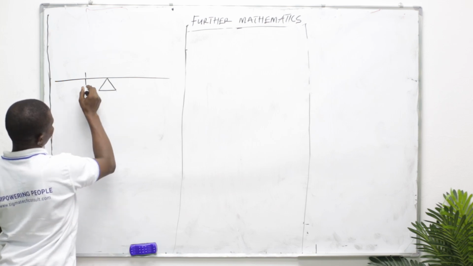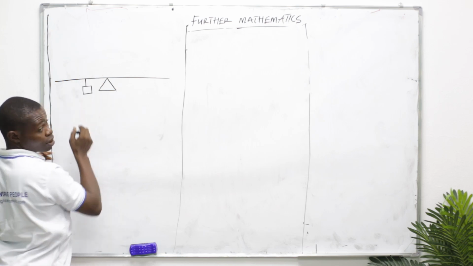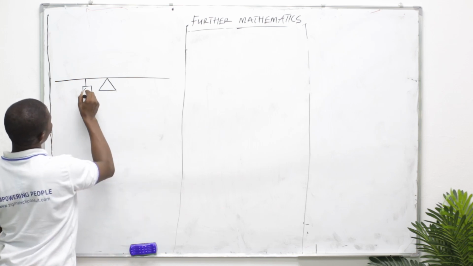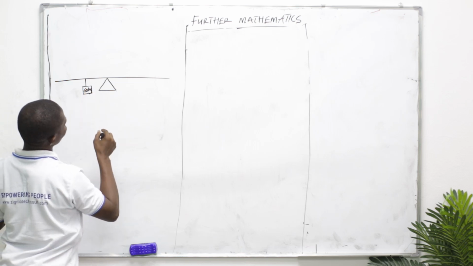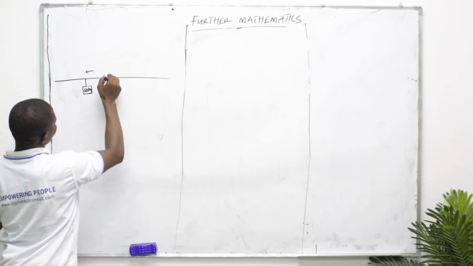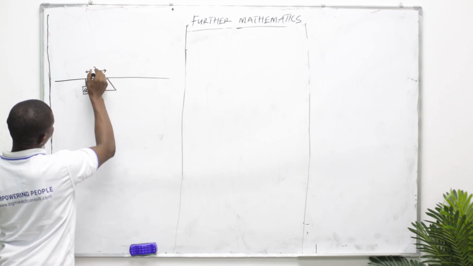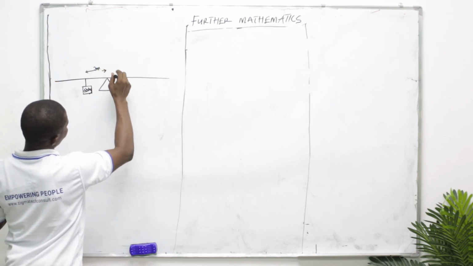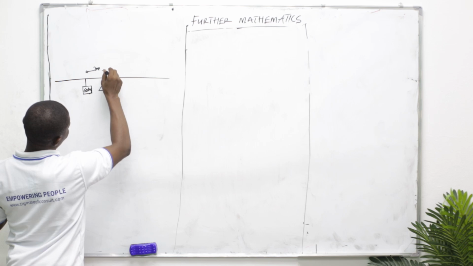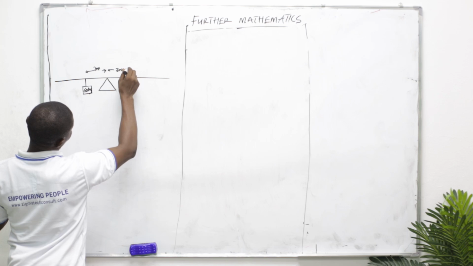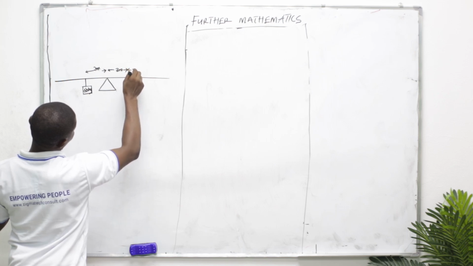The mass of Richard is 60 kg. Let's say from this pivot, his distance is 2 meters. Other people, 3 and 4. Let's say 3 meters. The last one here, 1 plus 3, which is 4 meters.